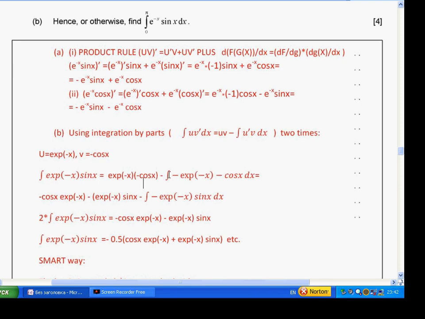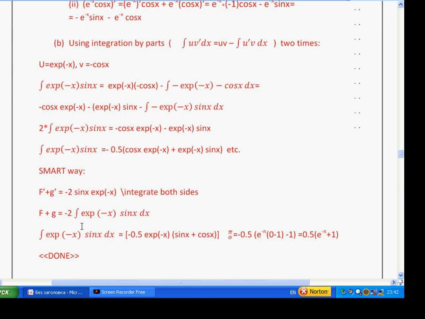Then we use the same integration by parts for this integral, and finally on the left we have one integral, and here we have the same integral but with plus or minus sign, so it can be moved to the left, and we have 2 times the integral of interest, which we divide.